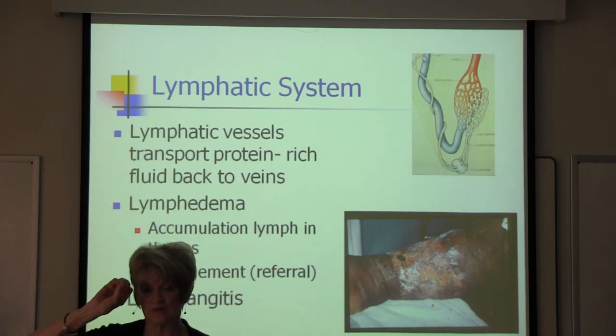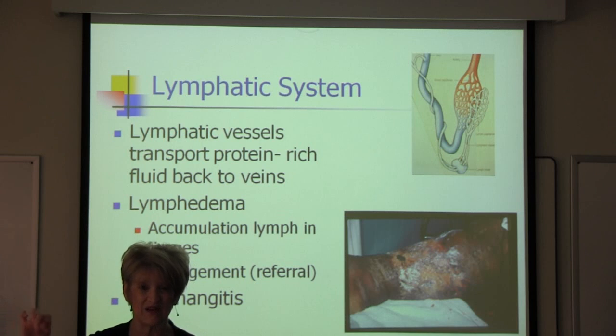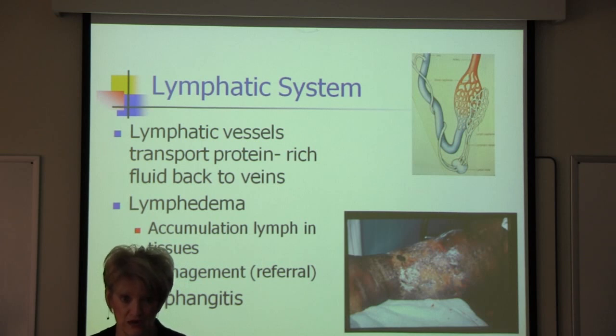Force can push plasma proteins out into the tissues, but plasma proteins are large molecules and it's very hard for them to get back into the capillary bed. So some of the fluid and some of the proteins get left behind every day.